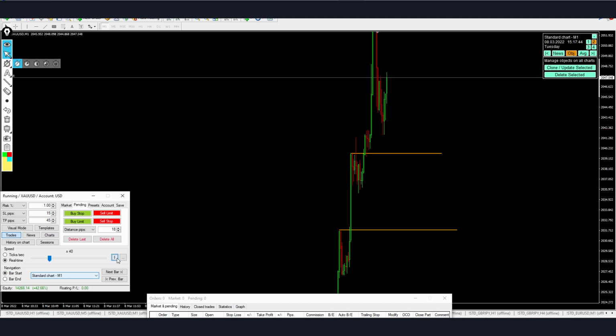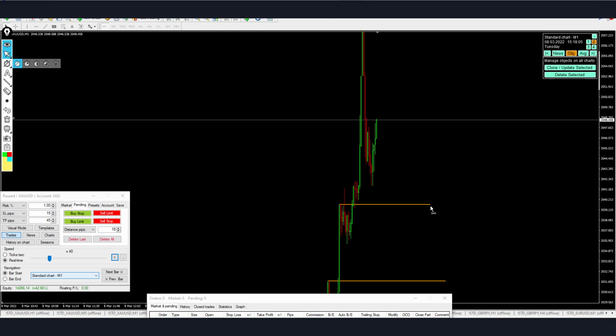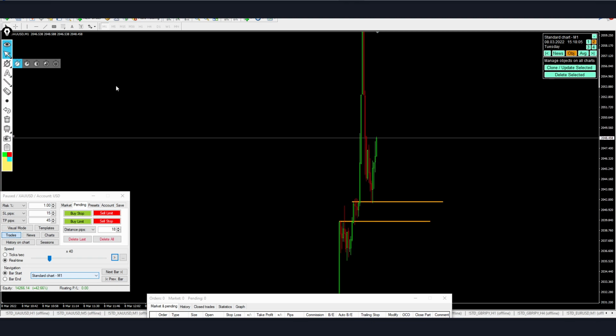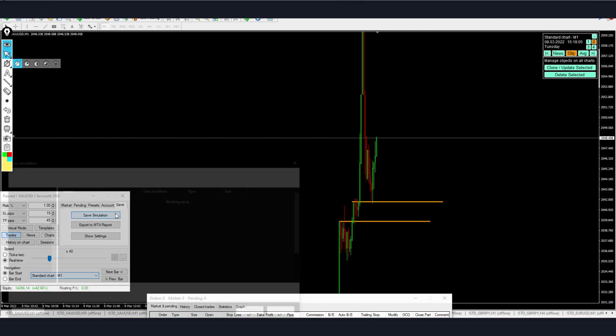Nice. Okay, that's good. That makes sense. This was the trade, the area where I wanted. Yeah, just 6 pips. Okay, that's pretty much it.